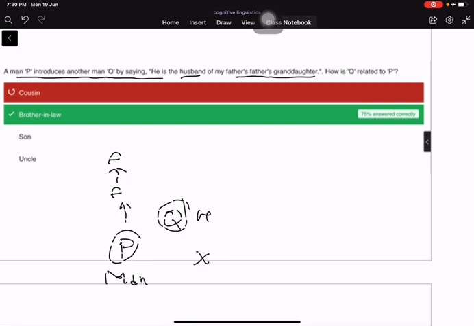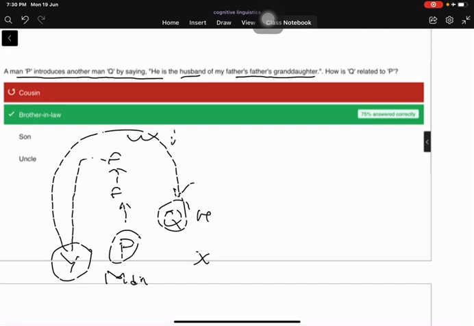And then this father had a granddaughter, let's say Y. And this Y is the wife of this person Q. How is Q related to P then?